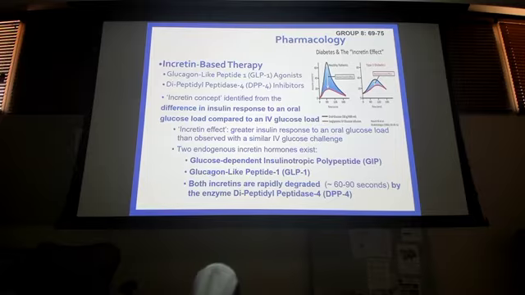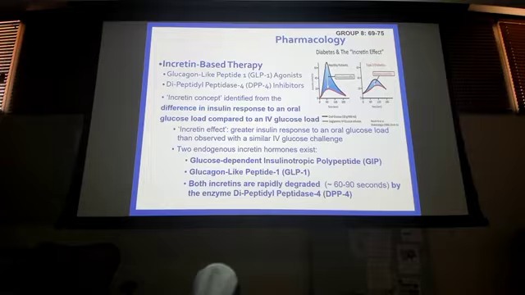Okay, we're going to talk about some incretin hormones or peptides. So the incretin concept is that if you're given glucose orally or intravenously, your body's going to respond differently because when you're given that orally, it increases the amount of insulin that is secreted.